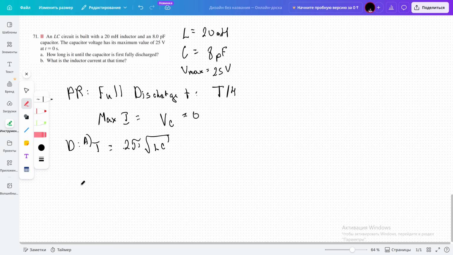And part B, we'll use energy conservation to find the maximum current I max, as we did before in the B-level task problem.